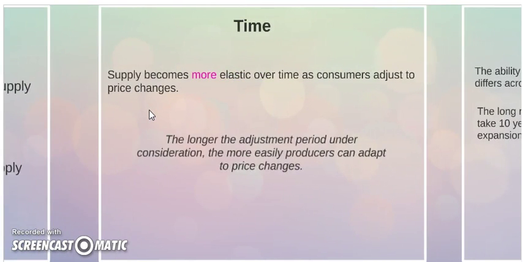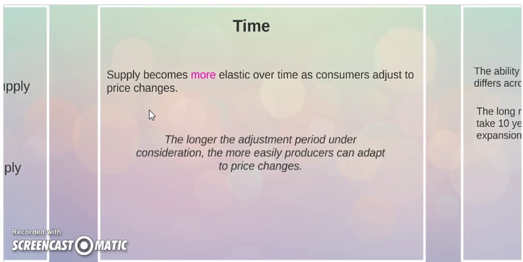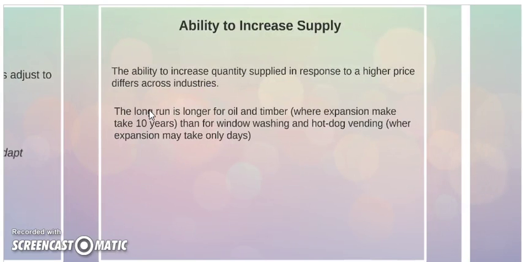Okay, time. Supply becomes more elastic over time as producers adjust to price changes. The longer the adjustment period under consideration, the more easily producers can adapt to price changes. And ability to increase supply. The ability to increase quantity supplied in response to a higher price differs across industries.